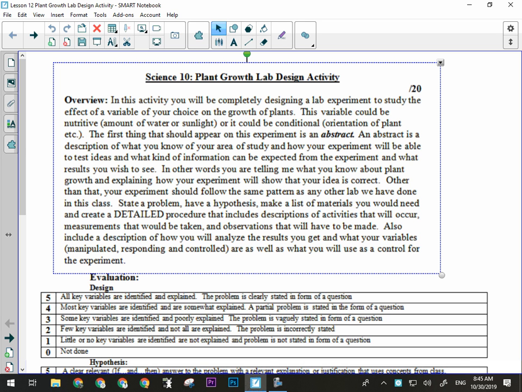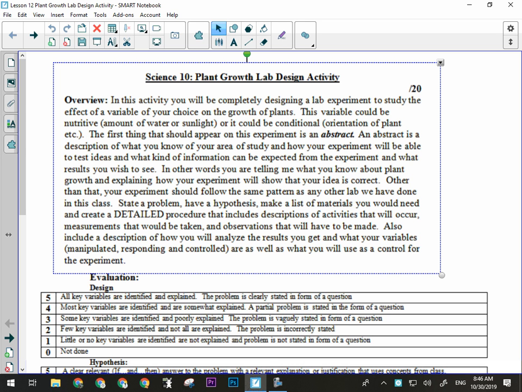Talk about what type of things you're going to be observing, like taking pictures of all the plants, measuring their height, taking their mass, whatever you consider to be your measure of growth is what you need to put on there for your responding variable.